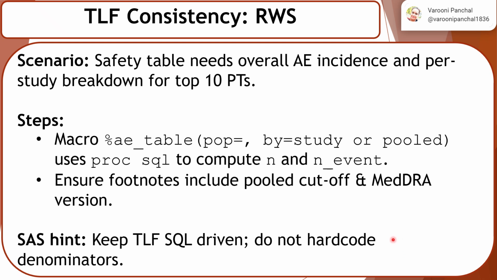You cannot hard code the denominator manually in any of the SAS programs. It has to be detected automatically through a small single macro, and then you calculate the counts and percentages. Keep this always in mind, because hard coding of denominators is not accepted in any clinical trial wherever you are generating tables, listings and figures.